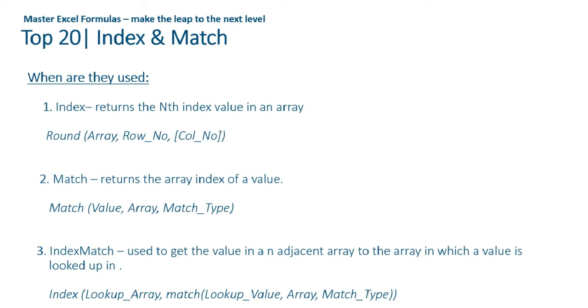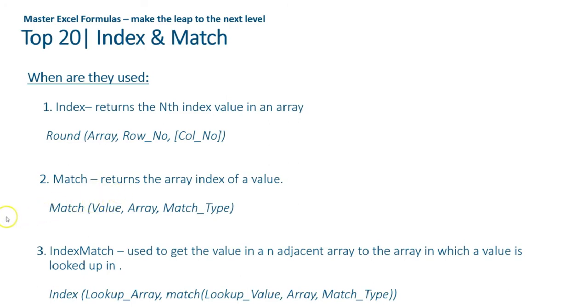The INDEX formula returns the nth index value in a specific array. I'll show you what I mean by that, but first I want to explain the structure. We need the array, then the row number, and then, if we want, the column number as well. Then the MATCH function returns the array index of a value.